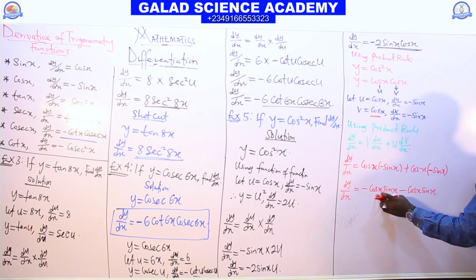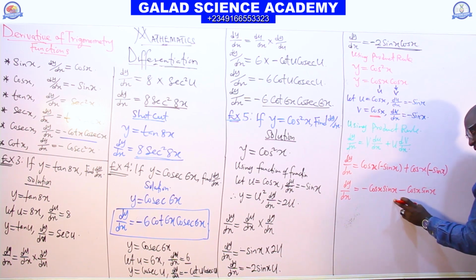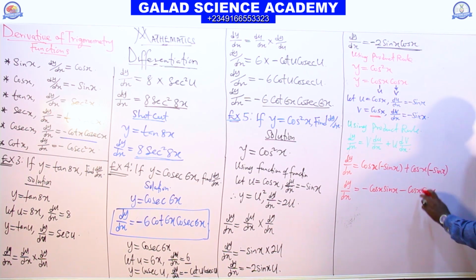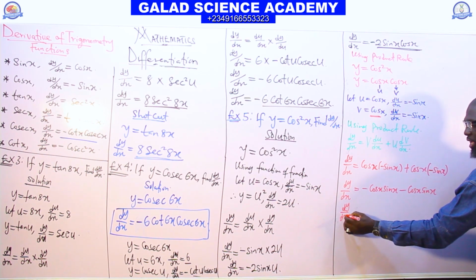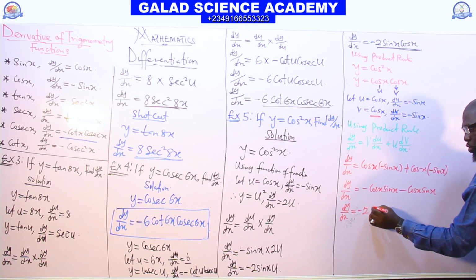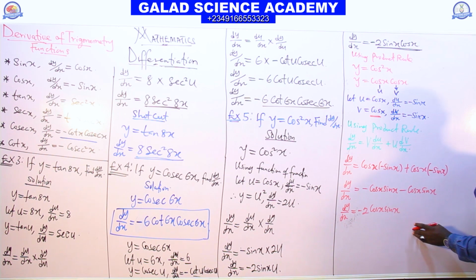So one cos x sine x plus one cos x sine x, and the final answer should be minus 2 cos x sine x.